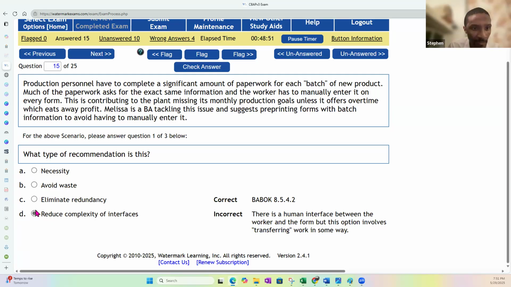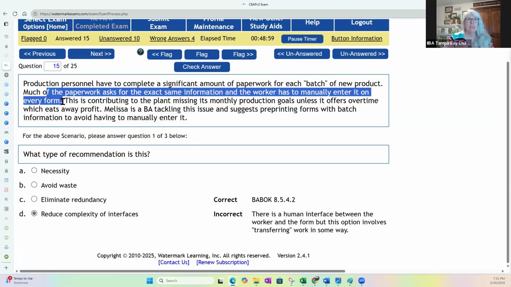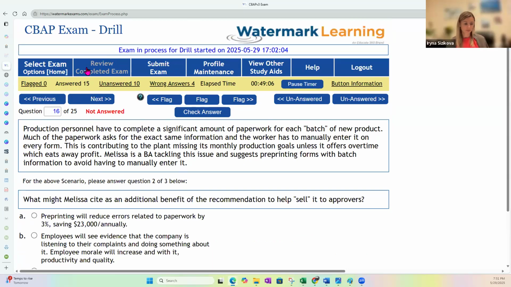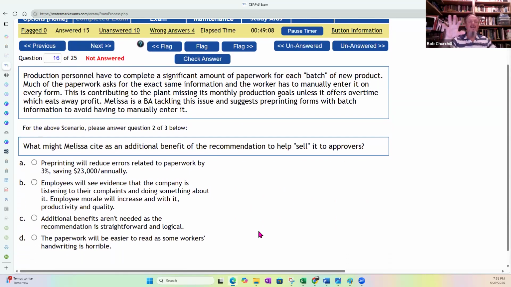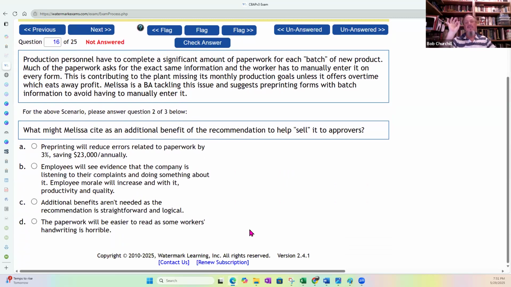Yeah, it says in the top part, much of the paperwork asks for this exact same information. So that's like a hint right there. Yep. There is redundant work being done. Redundant and unnecessary may both be similar, but go with the best one.